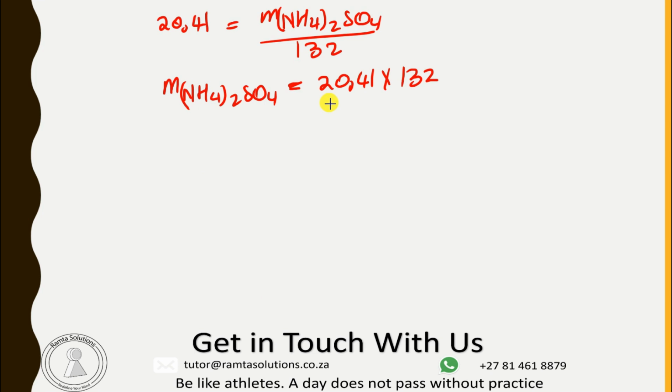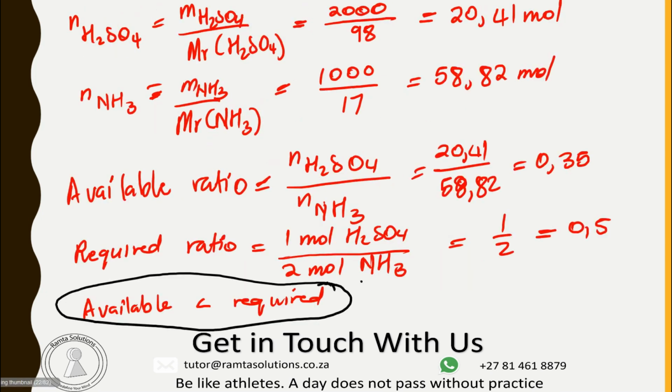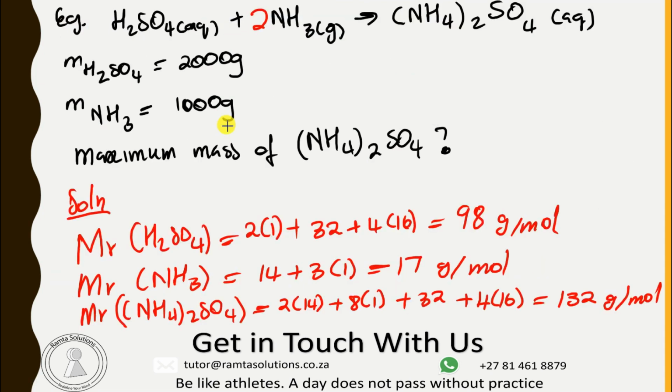What is it? 20.41 multiplied by 132 is 2,694.12 grams. So this is the maximum amount of ammonium sulfate that you can produce when you feed these substances into your reactor.